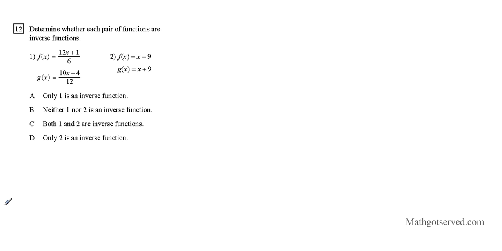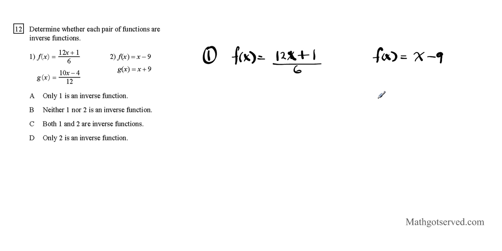All right, number 12 says determine which pair of functions are inverse functions. So for number 1, we have f of x equals 12x plus 1 over 6, and f of x equals x minus 9. So are these two inverses of each other?